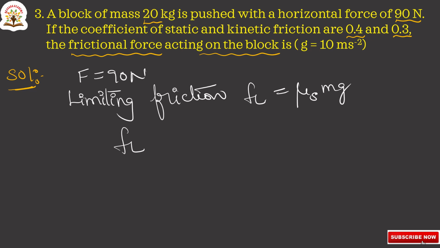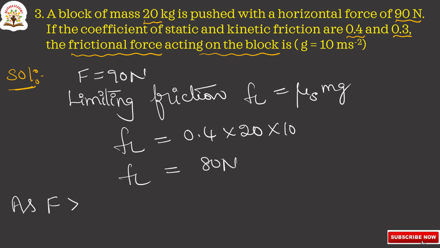Now substituting the values, mu s they have given as 0.4, mass 20 kilogram, and g they have given as 10. So FL is equal to 80 newtons.